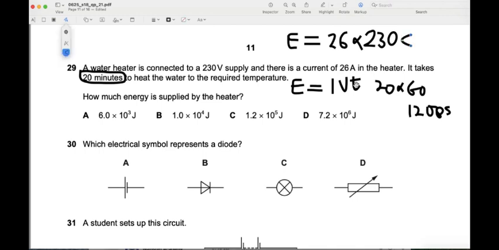T is 120 seconds, sorry, not 120, 1200. T is 1200.